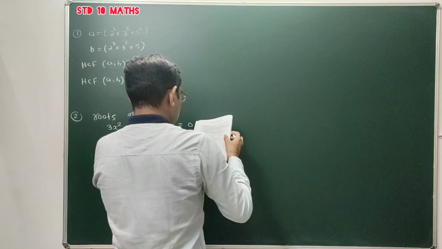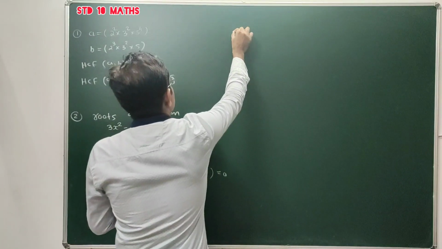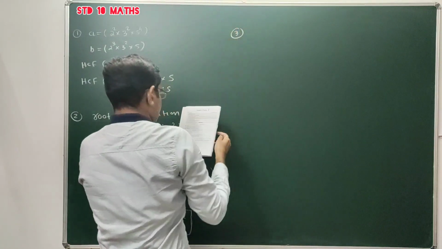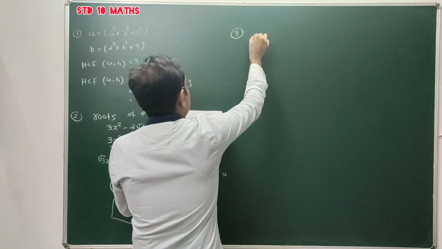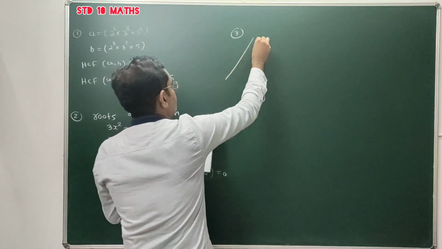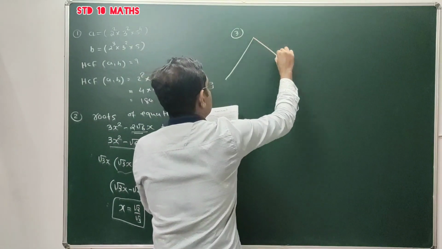Now question number 3. So for the third question, triangle ABC is given. The diagram is given. So this is one triangle ABC.